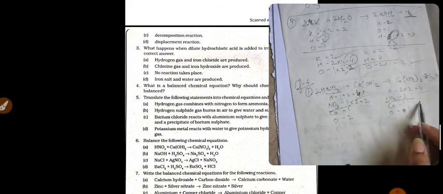NO3 is twice on this side, twice on this side. Calcium 1, oxygen 1, 2, and here oxygen also 2. So this is balanced now. 2HNO3 plus Ca(OH)2 gives Ca(NO3)2 plus 2H2O.